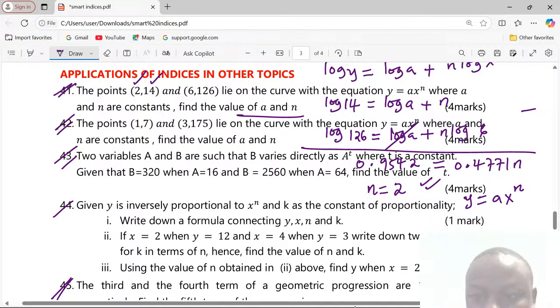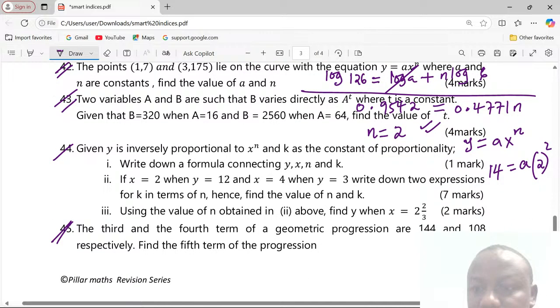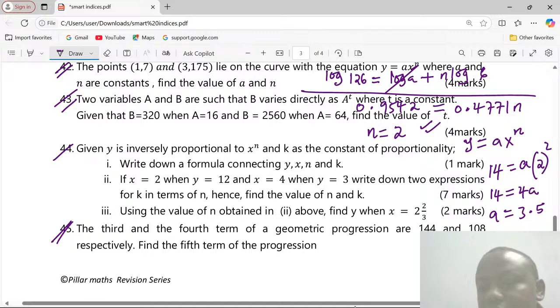Using the first coordinate, 14 equals to a, then 2 power the value of n. You know x is 2, then the value of n has been found as 2. So this will be 14 equals to 4a. To remain with a, we will have to divide through by 4.